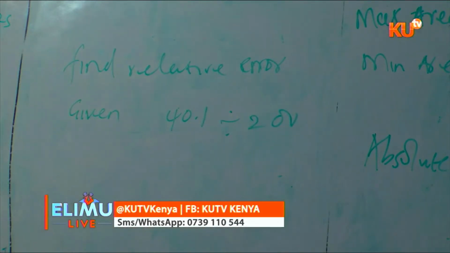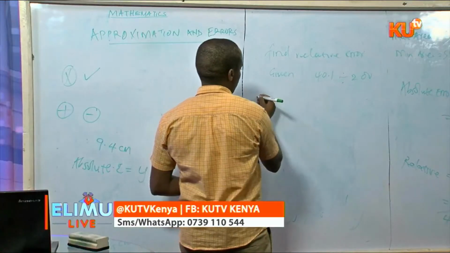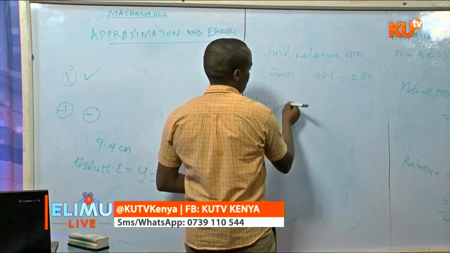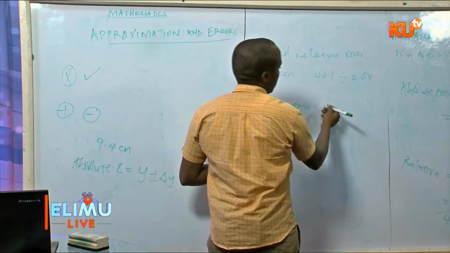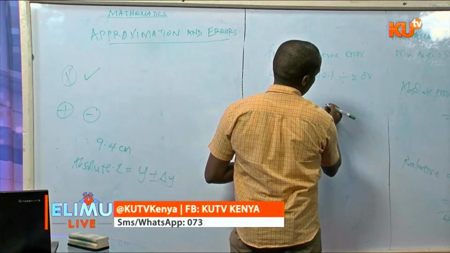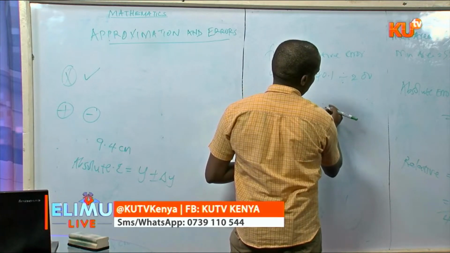For this one, the formula for the absolute error now changes. For the division, absolute error is given by the maximum.